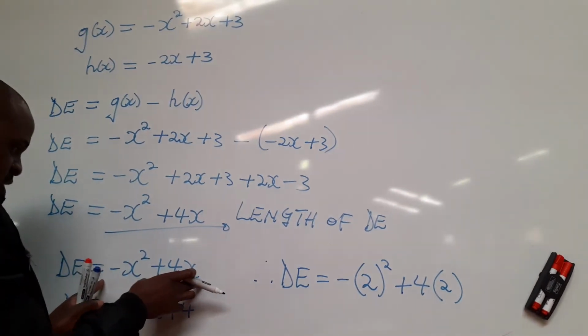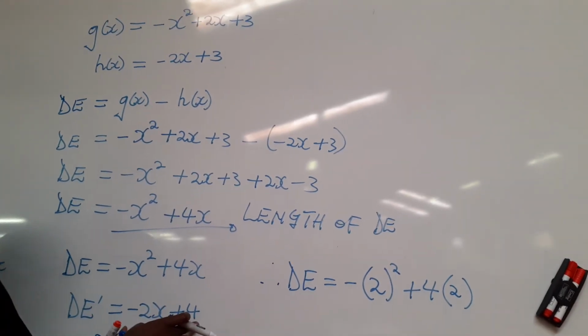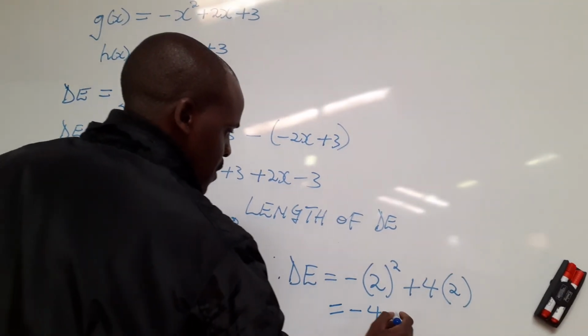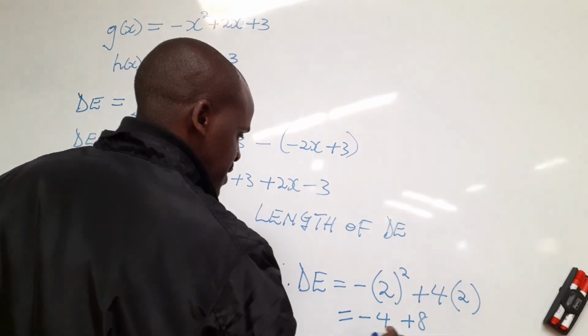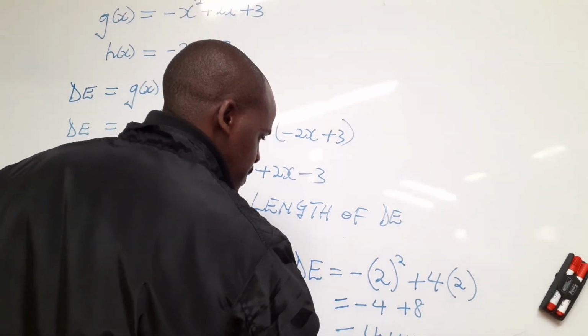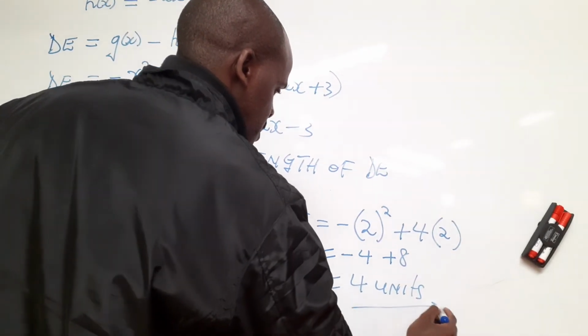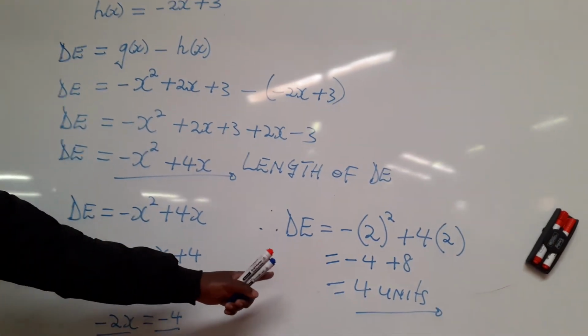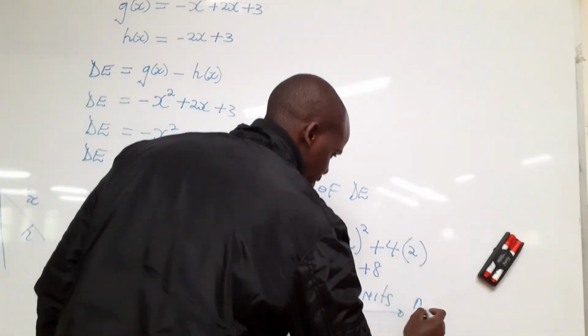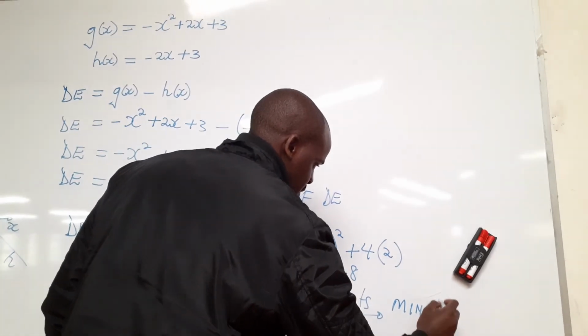Remember, we are substituting into the original, not into the gradient. It's minus 4 plus 8. 8 minus 4, that will be 4 units. Which means the minimum length of DE is 4 units. This is the minimum length.